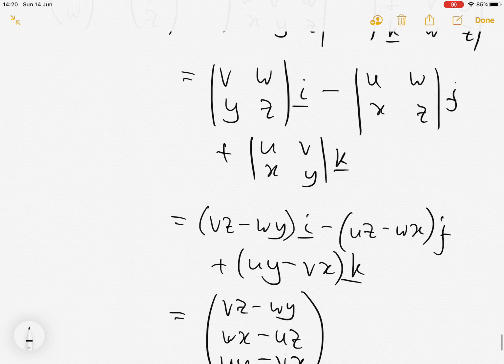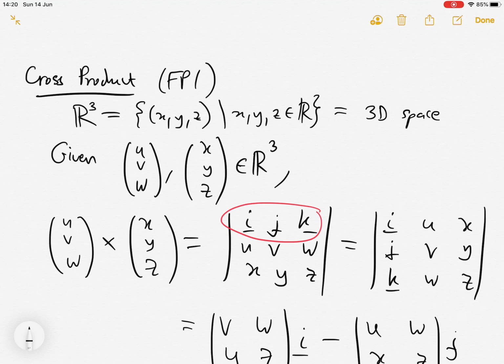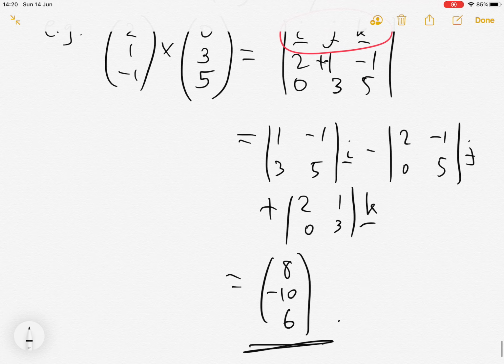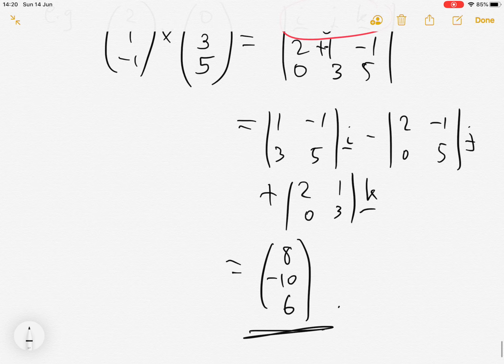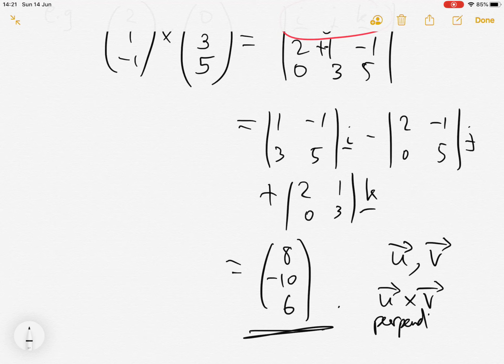And you might wonder what this vector cross product represents, what the answer actually means. This is a vector that's perpendicular to both of the two vectors that we took the cross product of. So if you have a vector u and a vector v, then u cross v is perpendicular to both u and v.